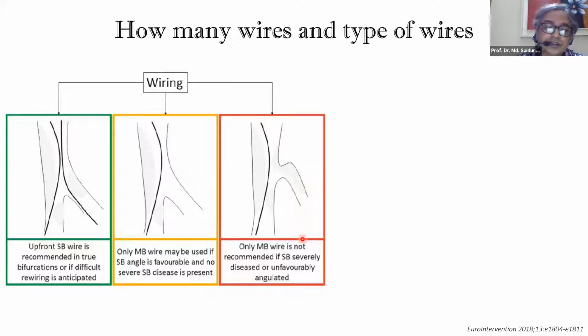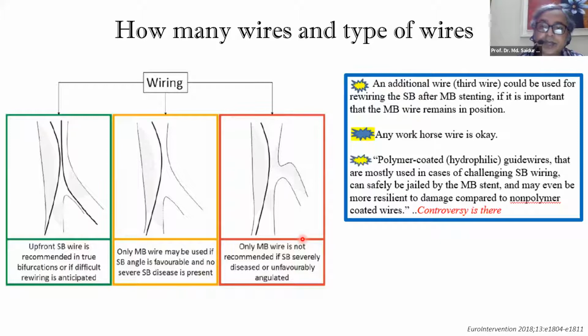So we need at least two wires even in a tailored approach. But at the same time, an additional third wire may be necessary for rewiring in a very difficult or complex situation, where the MB wire should be preserved along with the jailed SB wire.